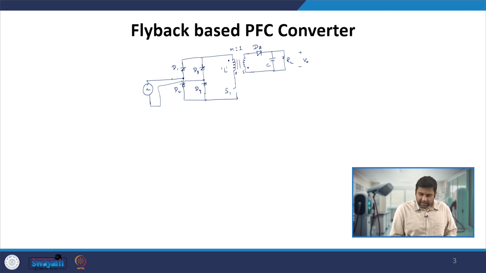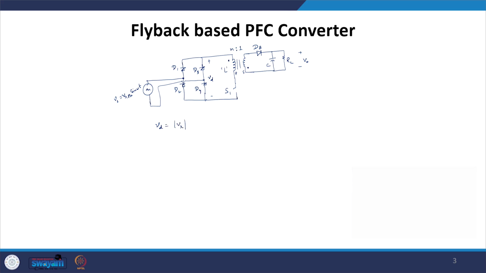We again have this VD voltage, and we have Vs, which is Vs peak sin omega t, and this VD is the modulus of Vs, which is the rectified AC across the diode bridge output.